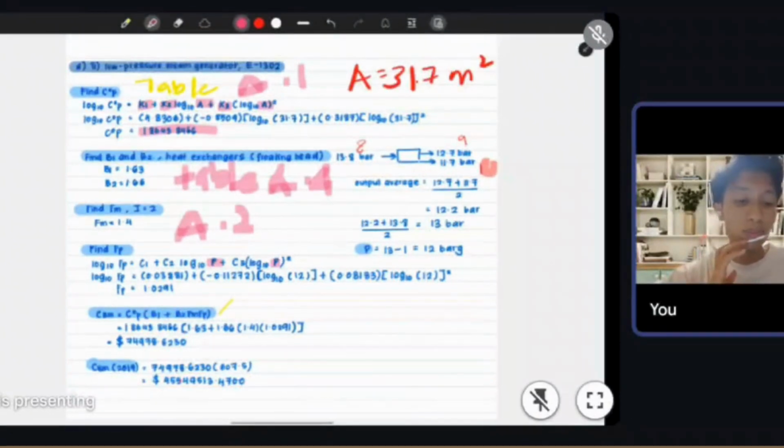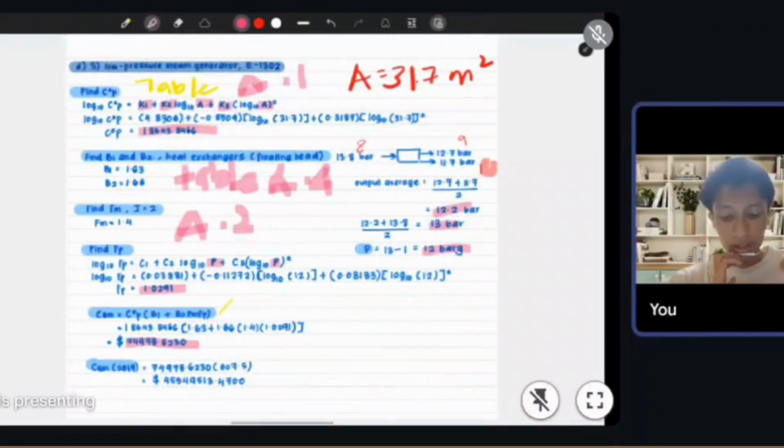The output average for the stream is 12.2 bar, and the pressure average of input and output gives 13 bar. Because the pressure is in bar, we minus 1 and get 12 bar. Substitute into the formula and we get the FP value.